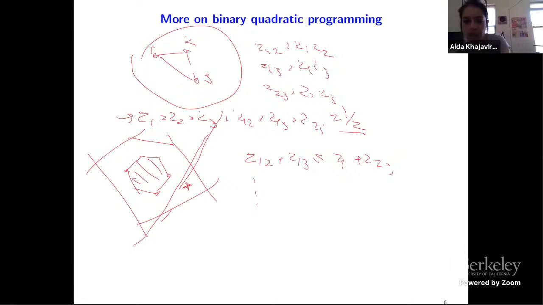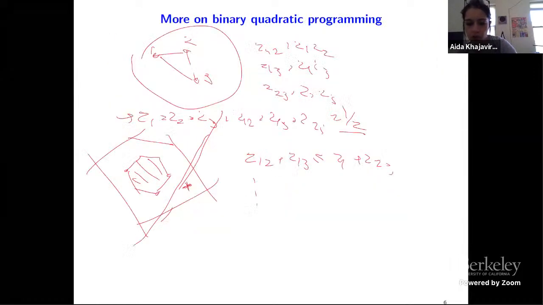But in this case, what Padberg did was, at first he showed that the standard linearization, in the case of bilinear sets, gives you the convex hull if and only if the graph is acyclic. Then he introduced these triangle inequalities. He showed in particular that they give you the convex hull of a triangle when you add them to the standard linearization.